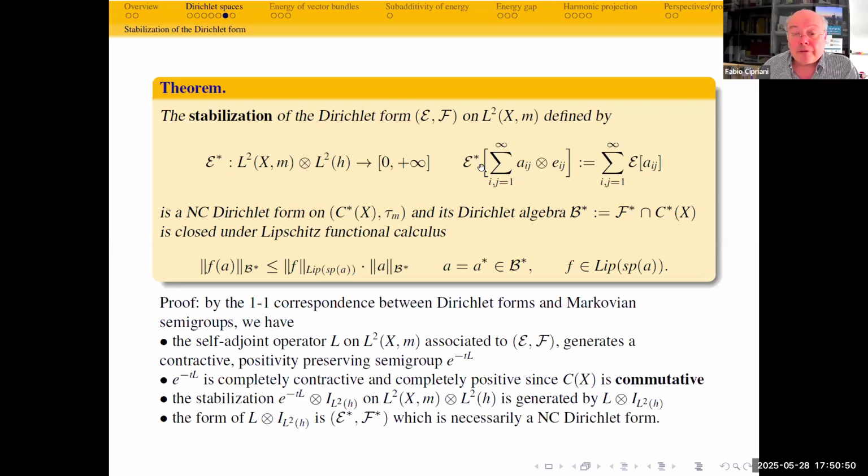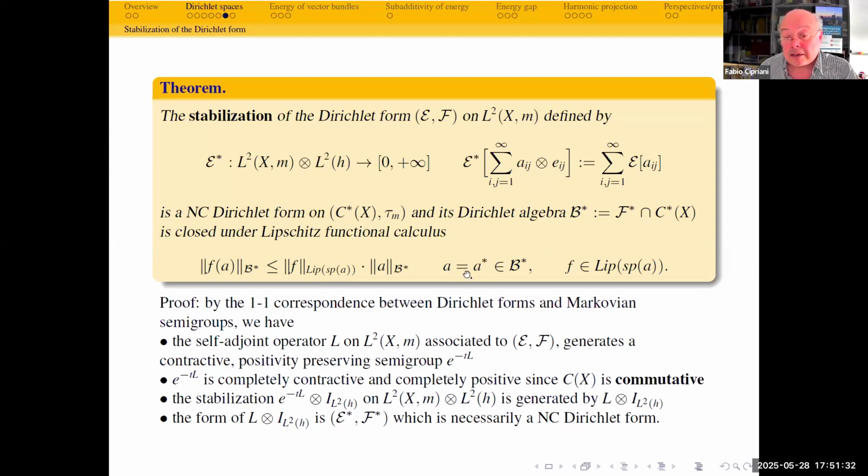This formula for E star, the extension, the stabilization of the Dirichlet form to C star of X, one can prove is a Dirichlet form on this non-commutative algebra with respect to this trace, the extension of the trace. And it's a Dirichlet algebra, so the intersection between the C star algebra, C star of X, and the domain F star of the form, where the energy is finite, is closed under Lipschitz functional calculus.